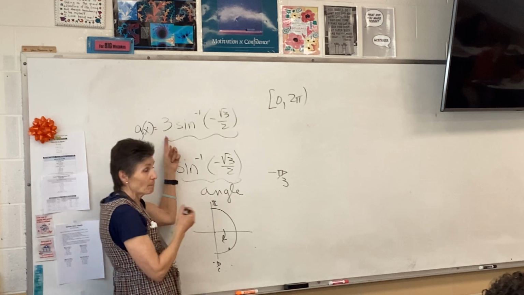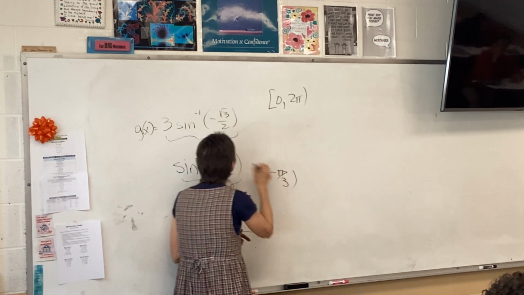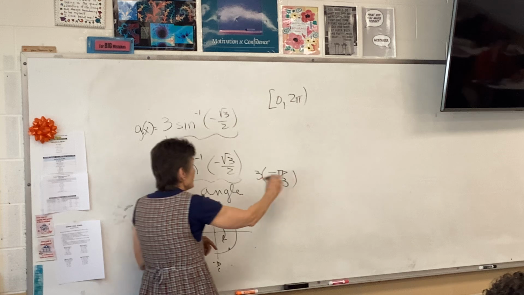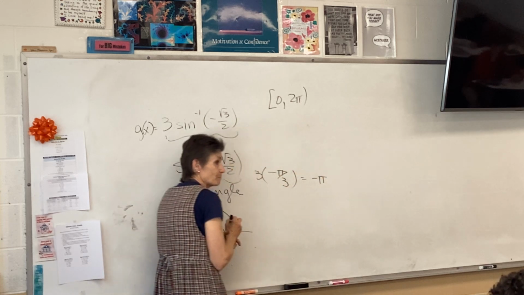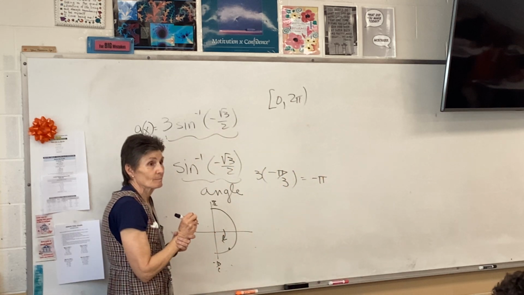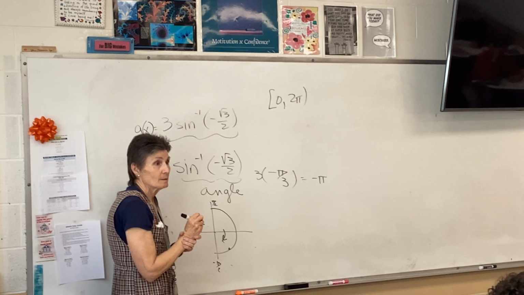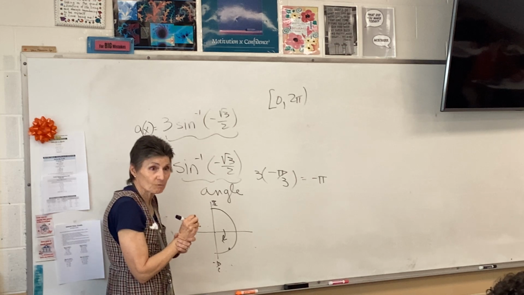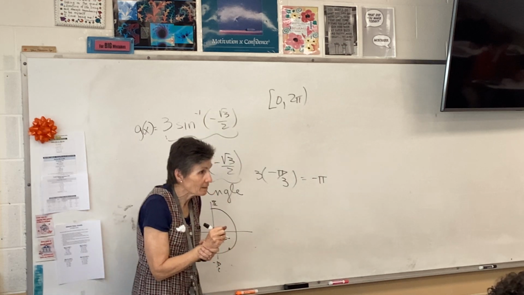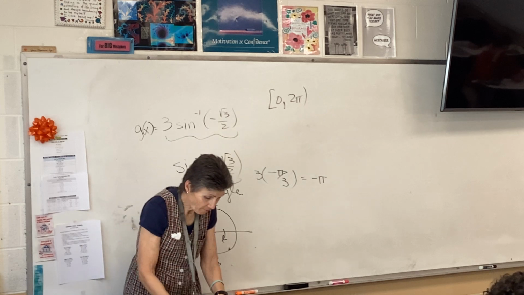And then I gotta multiply it by 3. So negative pi, right? Which is about negative 3.14 or something. So look on your graph.